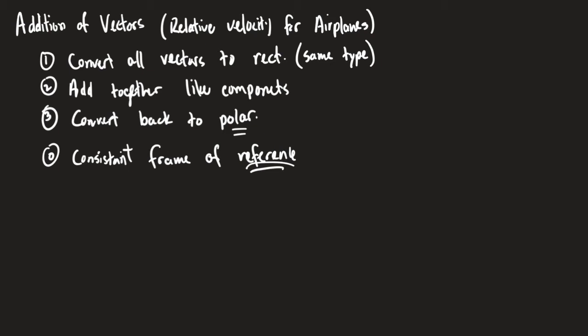So let's do a sample problem so that we have an idea of what I'm expecting of you. Let's say a plane is flying at 200 meters per second, 40 degrees north of east.